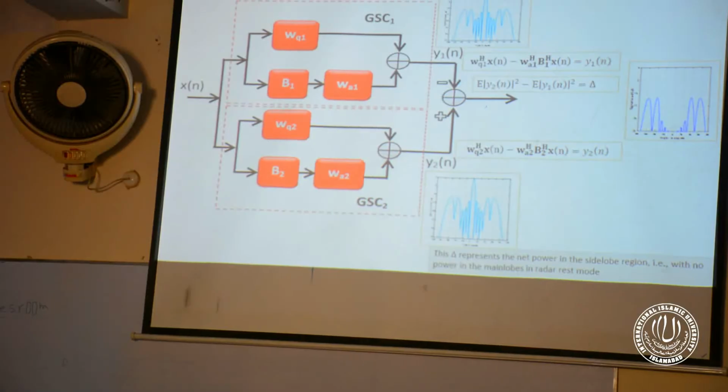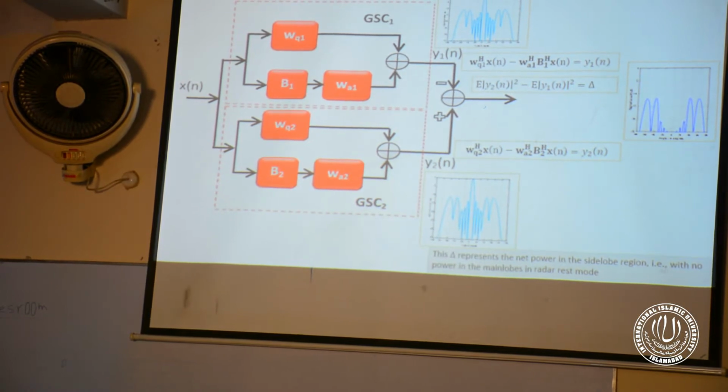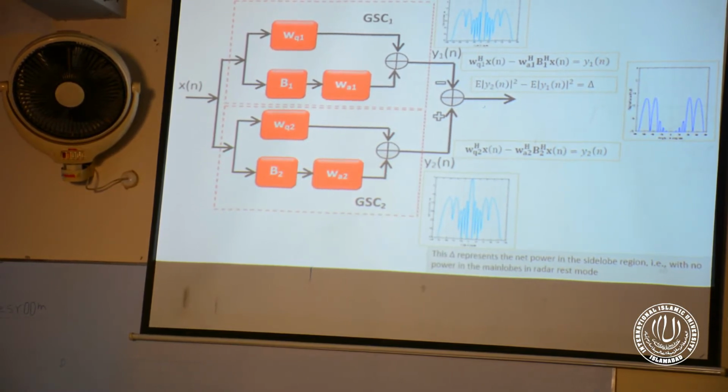We have generated 4 communication transmitters beside the radar. Then we go through the mathematics of that, and the result was that the radar is available in the main loop and 4 communications are available in the side loop region. This was our achievement up to now, what they have done.